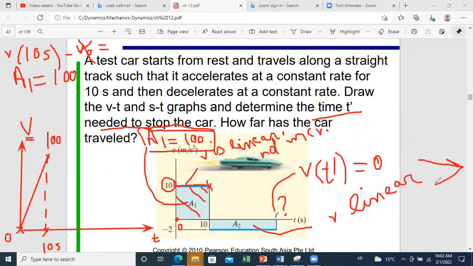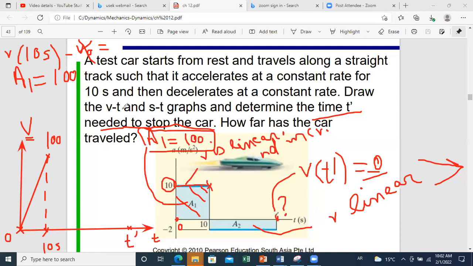But it will remain positive, because at the final time the value of velocity will be 0. Since I know that at t prime the velocity is 0, at t prime I will reach this level, and my purpose is to get t prime. I want to find the value of t prime.